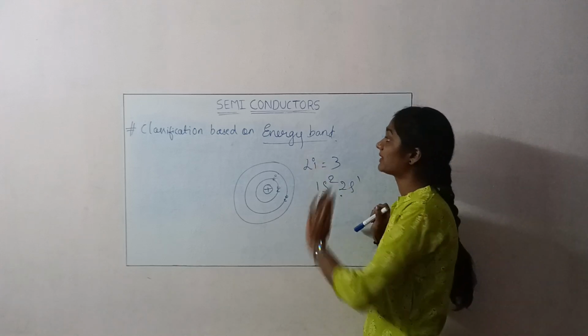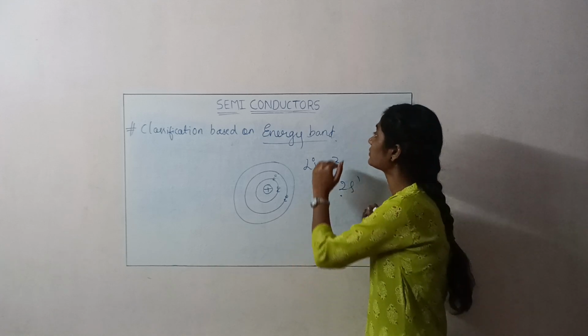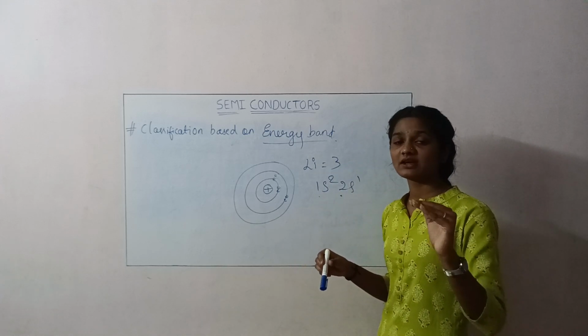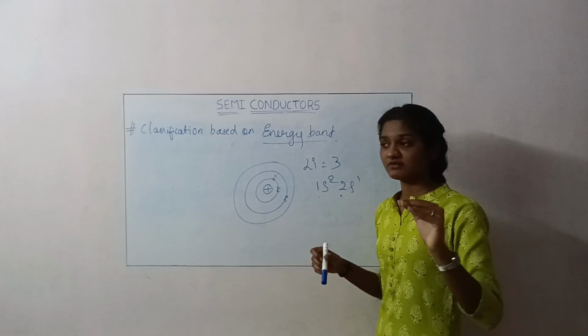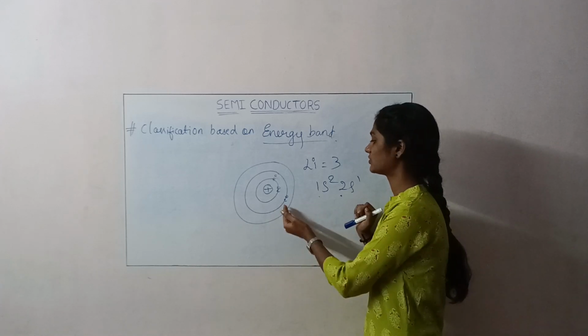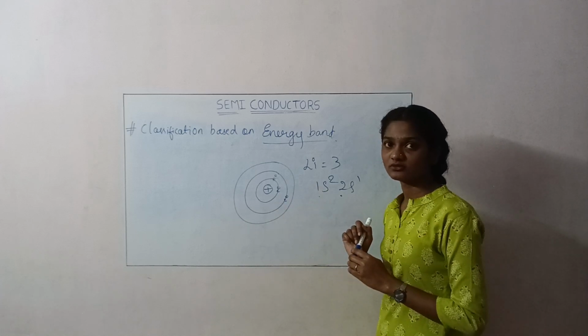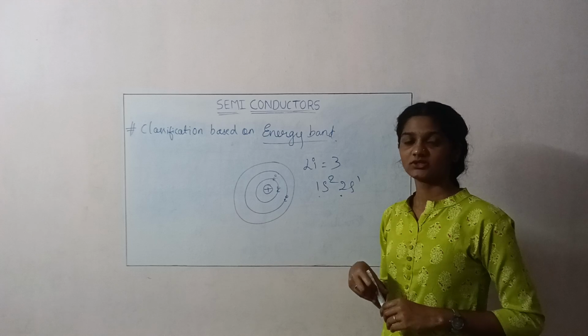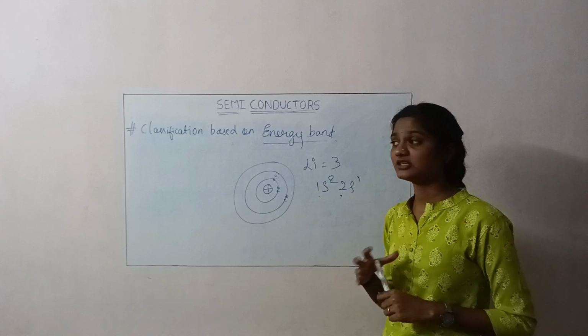And what do you mean by energy band? Before that, when we study a single atom, we get a sharp energy level according to the electron. But in nature, we don't find any single atom.